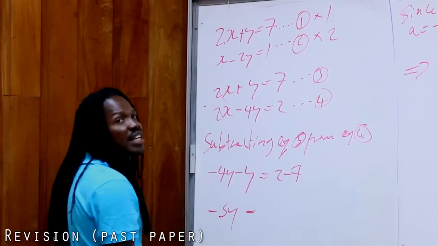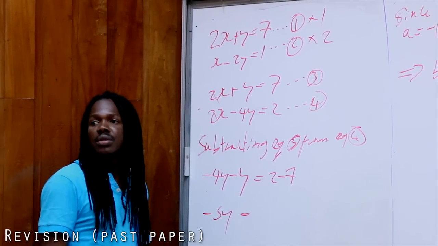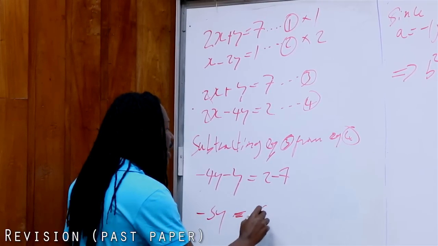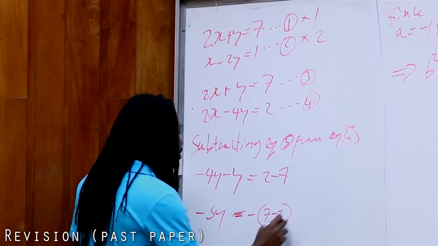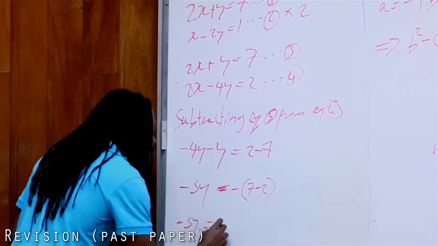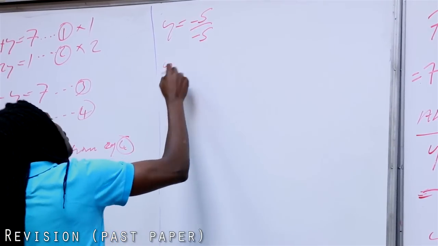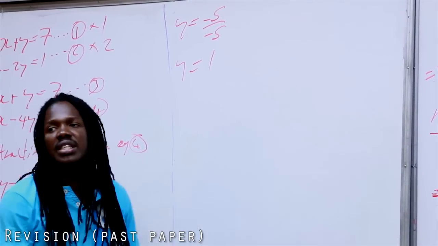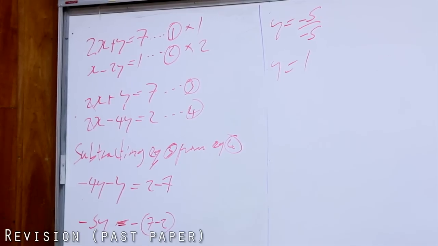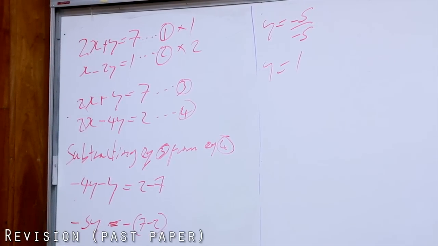Equal to 2 minus 7. When you have minus a bigger number from a smaller number, what do you do? You put the minus, bracket, turn it around and push it back in. So minus 5y equal to minus 5. Equal to minus 5 over minus 5, y equal to 1. How do I know that this is a positive 1? Because the signs are the same. When dividing and multiplying, automatically become positive.